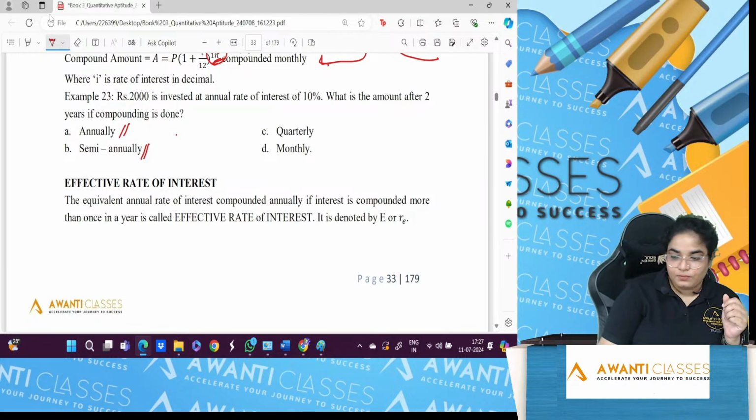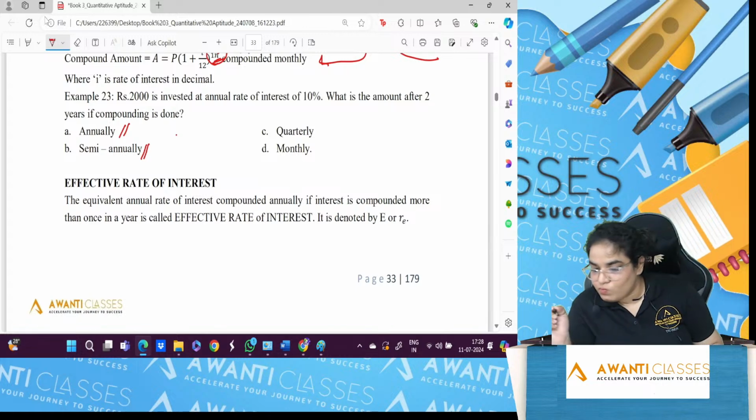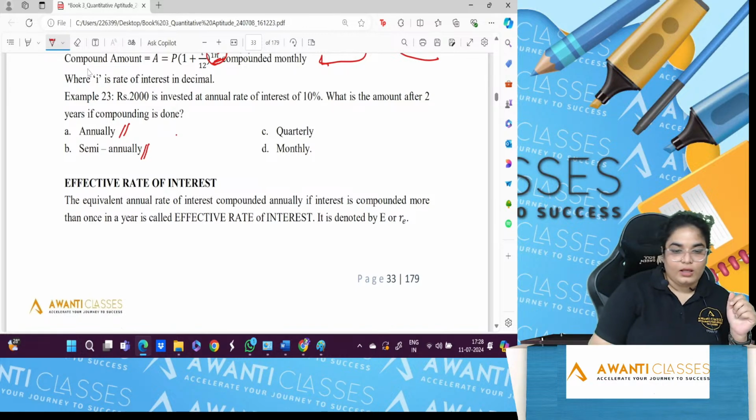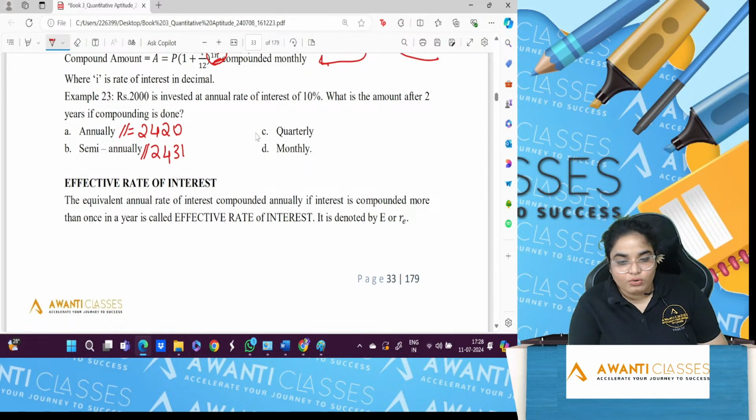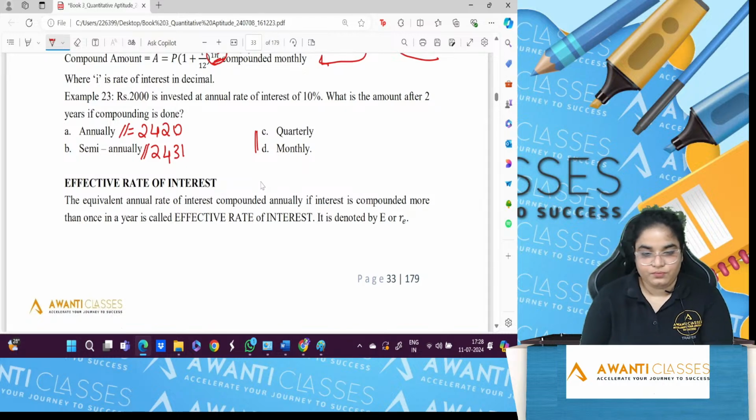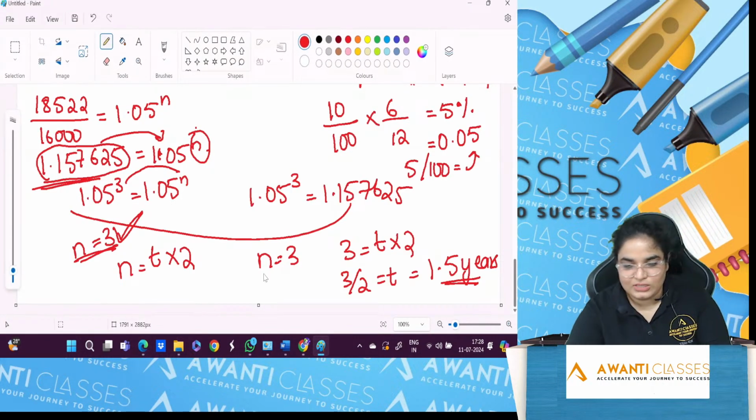Annual you would have gotten 2,420. Semi-annually, when we did, we got 2,431. Did you all do quarterly and monthly? Simple, same formula.